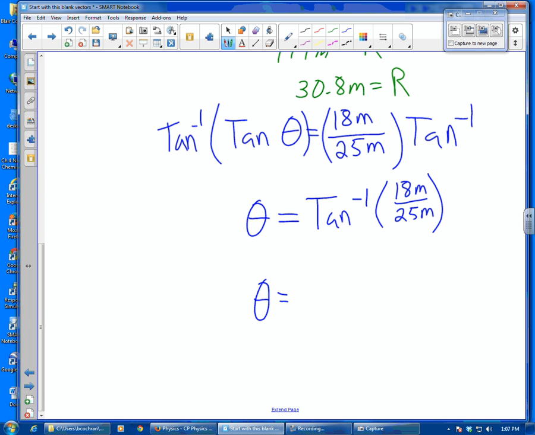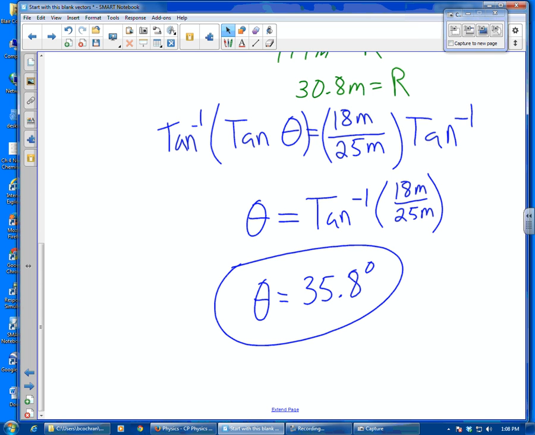I do second tan on my calculator, so I get inverse tan. 18 divided by 25. I get 35.8 degrees. That's what theta is. And that's what I wanted to find out. 35.8 degrees.